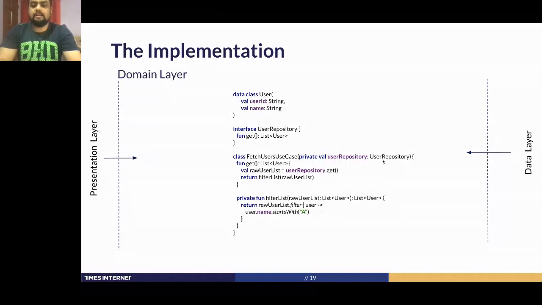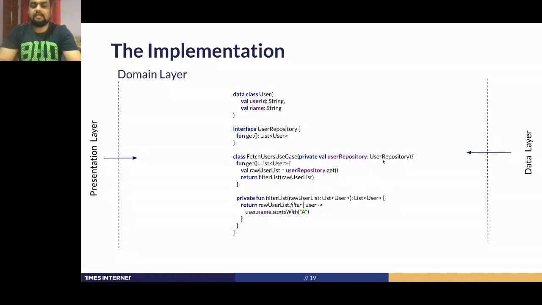Now what the use case does is fetch the data from the user repository, and you can see we get a raw user list. This raw user list contains a hell of a lot of data. And the main intent of our application, remember, is to filter the list and get the user list with the initial A. Here the magic happens.